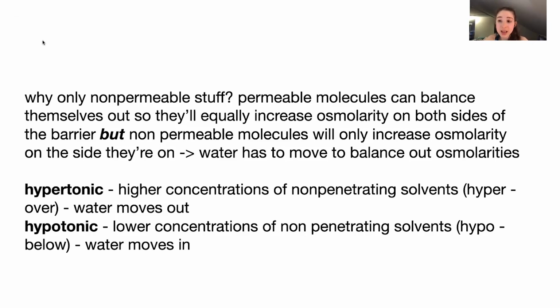If you were to stick a cell into pure water, the water would flow in and the cell would burst. And so I hope that this helps you understand some of these concepts of osmolarity, tonicity, and these kind of confusing terms, and why it really does matter, and how it comes into play, and why molecules are just really cool.